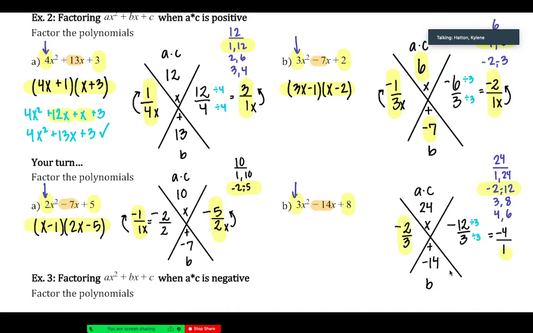Now my fractions are simplified and I'm ready to write my factors. The first one, negative 2 over 3x, becomes 3x minus 2. And negative 4 over 1x becomes x minus 4. So 3x minus 2 times x minus 4.